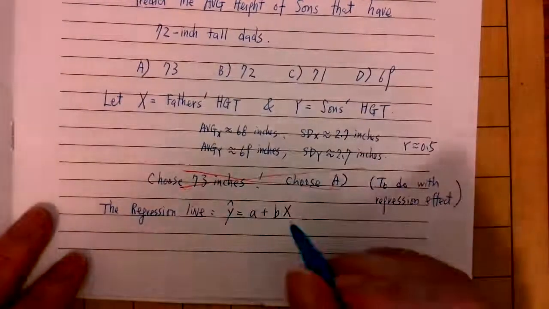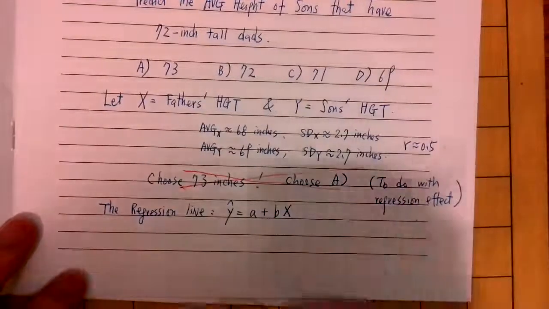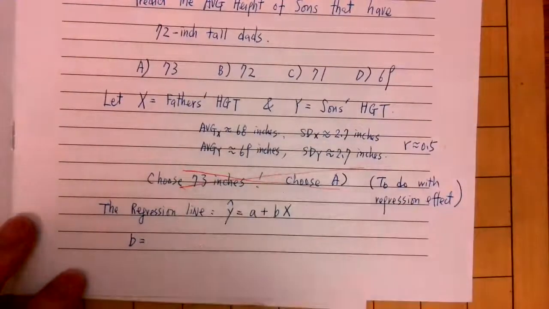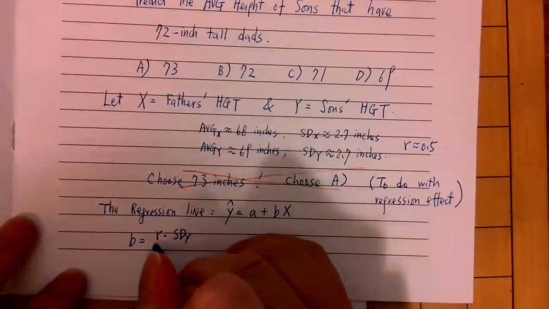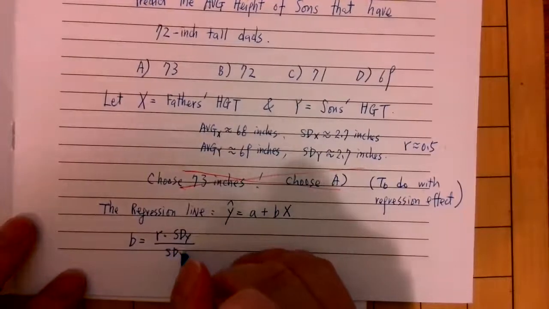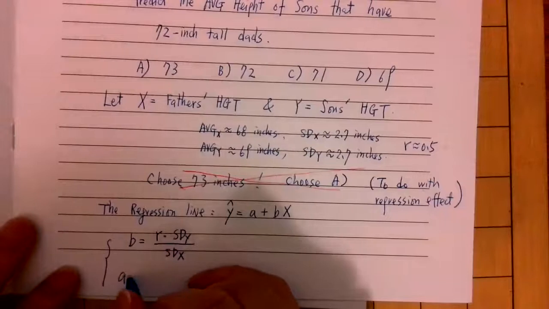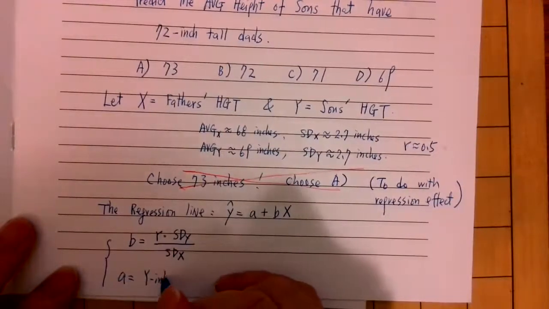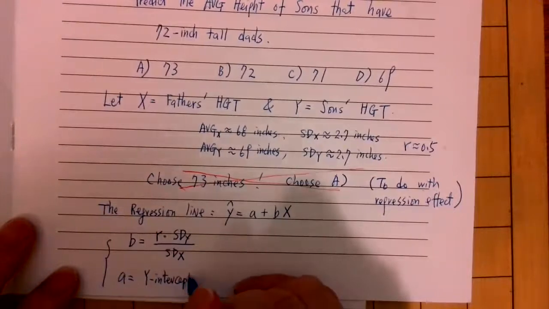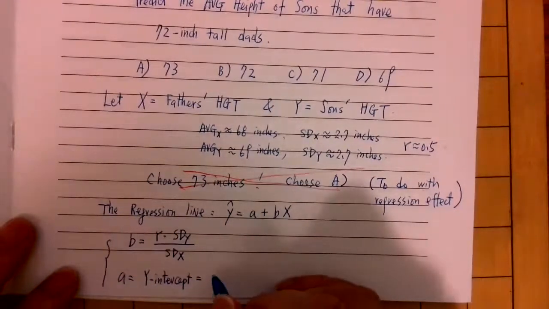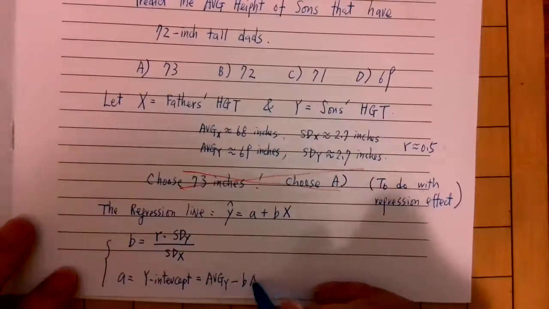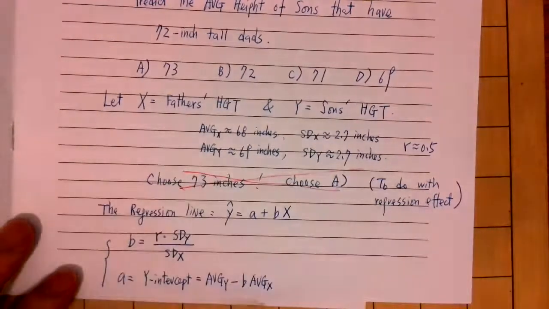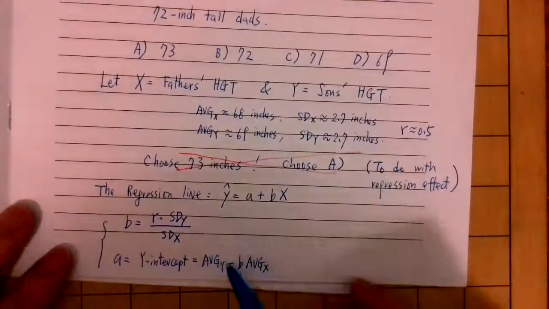Now, what is the formula introduced before? How do you find the regression slope? It's R times standard deviation Y over standard deviation X. And how do you find the y-intercept? That is average Y minus B times average X. This is the formula we introduced.